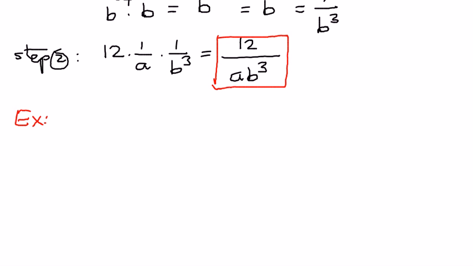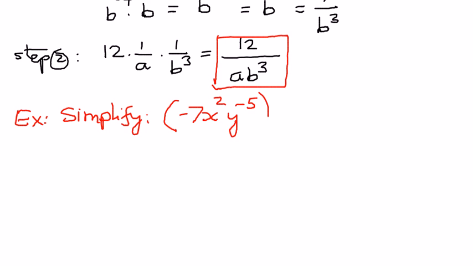Let's say this time we want to simplify this particular expression: (negative 7 x to the power of 2 y to the power of negative 5) times (negative x to the power of negative 2 y to the power of 7).